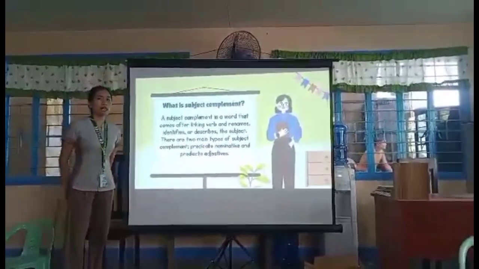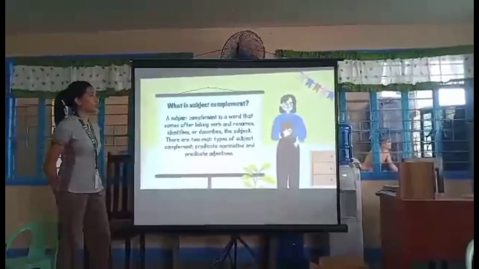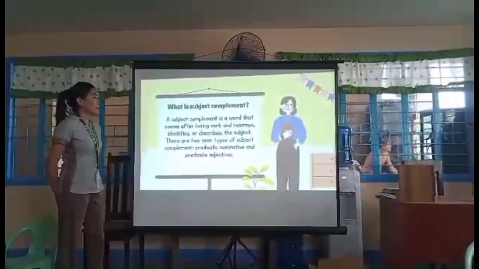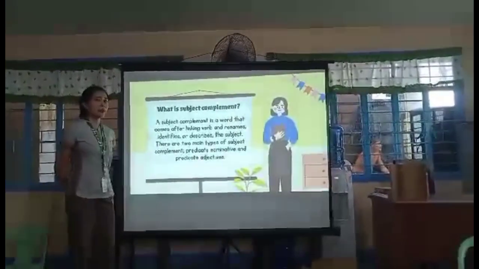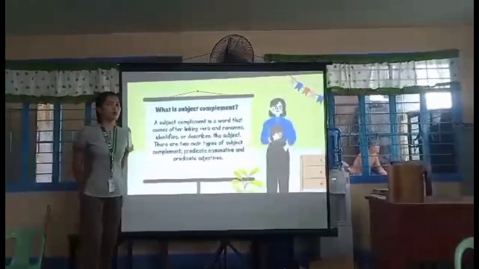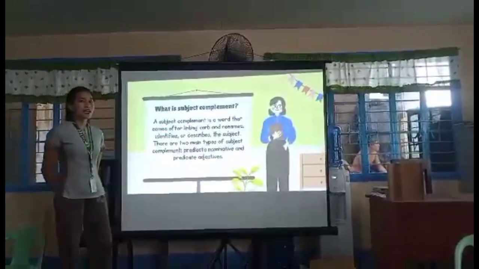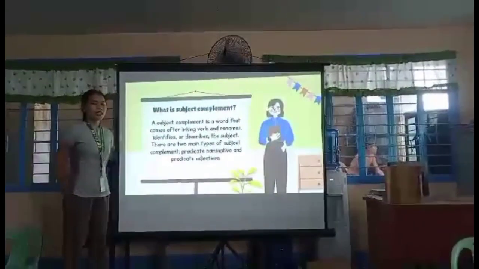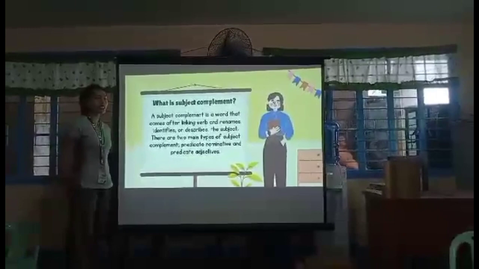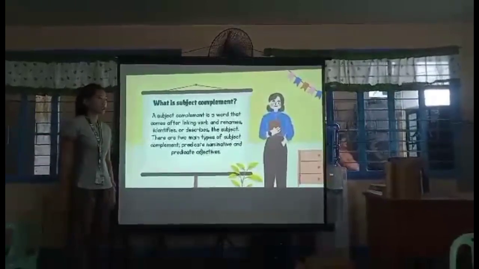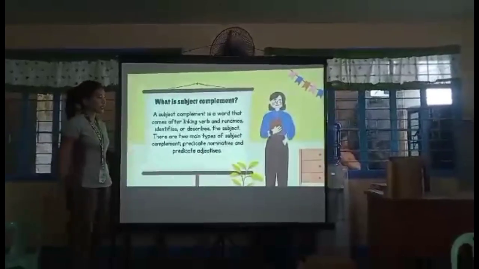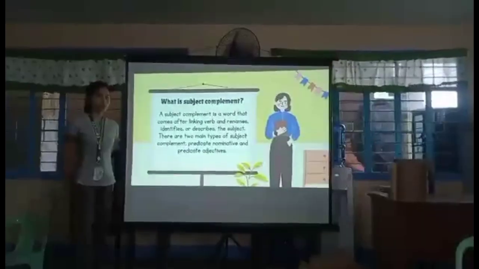Yes, thank you, Miss Blanca, for your cooperation. Always remember that a subject complement is a word that comes after a linking verb, which describes the subject. Let us now proceed to the two types of subject complement, the predicate nominative and predicate adjective.